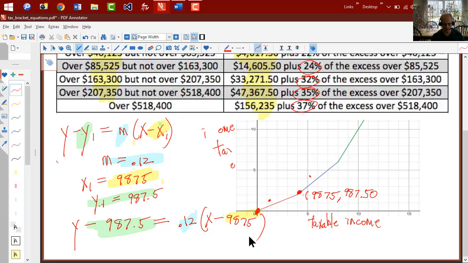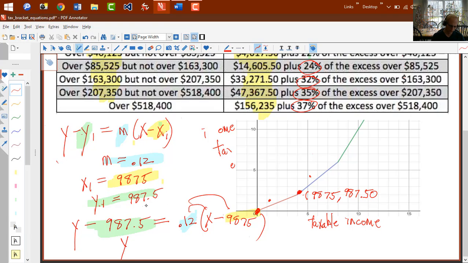Okay, so now you need to solve for y. So what you'd have to do is distribute the 0.12, and you'd have to use your calculator to do 0.12 times 98.75, and then you would add $987.50 to both sides.